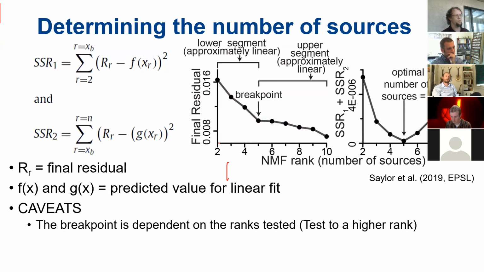You start from basically n equals 2, so NMF rank equals 2, and you take it out to a lot. I usually take it out to about 2/3 of the total number of basin samples that I have. So if I've got 30 samples, I will run this NMF rank optimization function from 2 to 20.